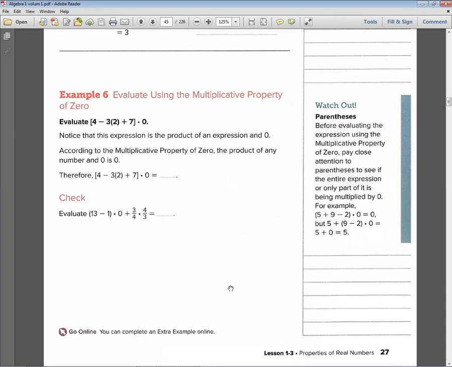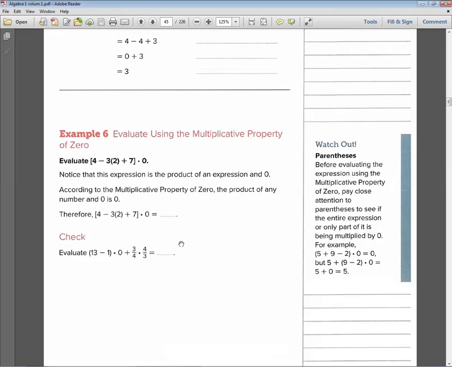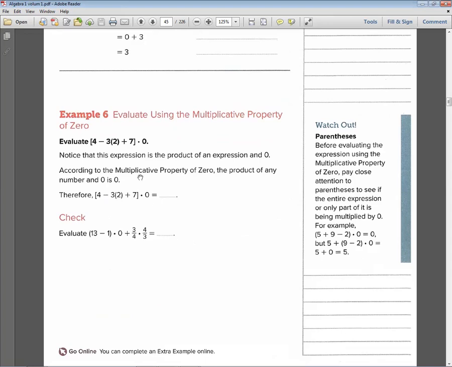New example here. If you know PEMDAS, there is an order of operations. First of all, calculating all powers, calculating all exponents. Second step, dealing with brackets. Here in this problem, I have a big bracket and a small one.